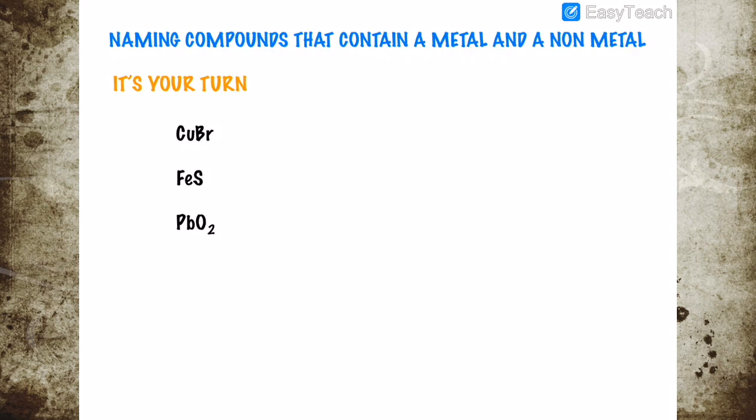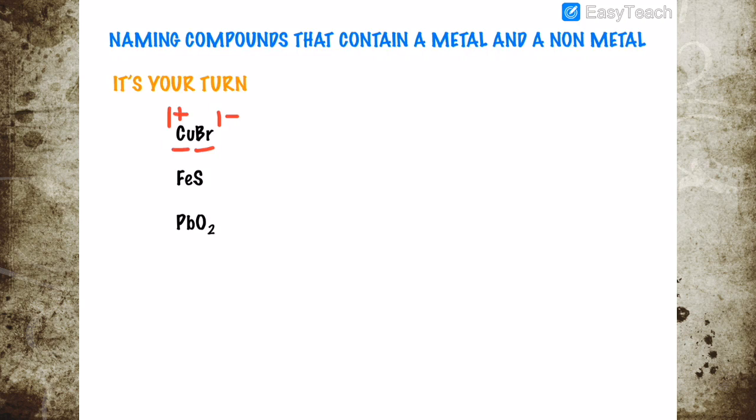For the type 2 compounds, the first thing that we have to do is check the anion's charge for us to determine the cation's charge. So for the first example, CuBr, Br is 1 negative. Therefore, Cu should be 1 positive.